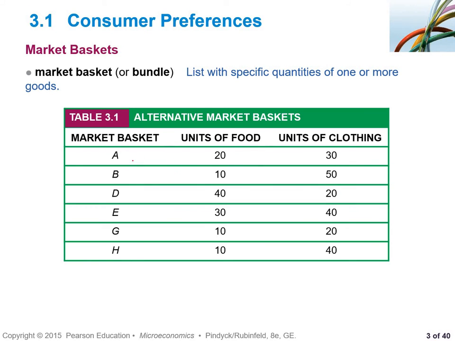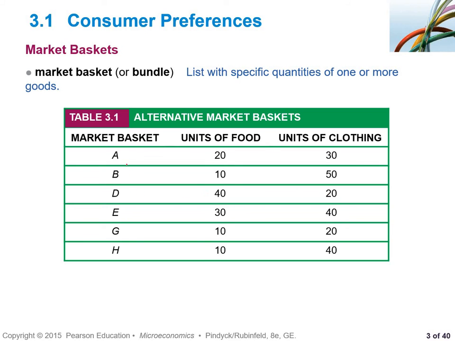ठीक है, और among these combinations A, B and D, without having any additional information, we cannot know whether the consumer will be preferring A or B or D. We cannot get this information from the given units of food and clothing, because if one thing is sacrificed, for example 10 units of food are being sacrificed, still 20 more units of clothing is a plus point in market basket B. Whereas in market basket D, we are having more units of food, 20 more units of food, but yes, we are sacrificing 10 units of clothing.